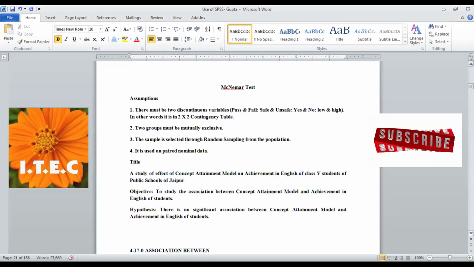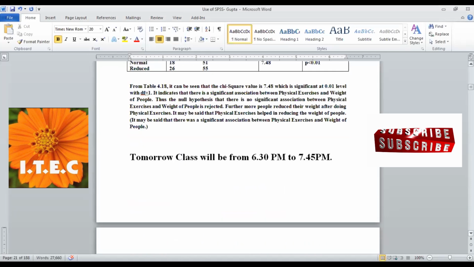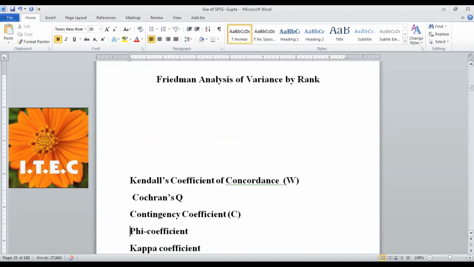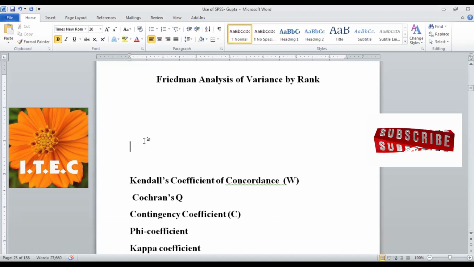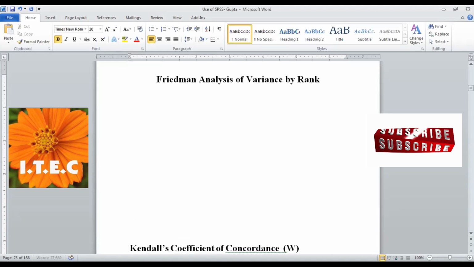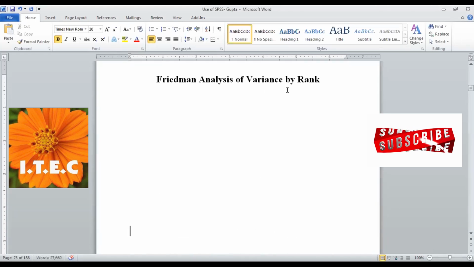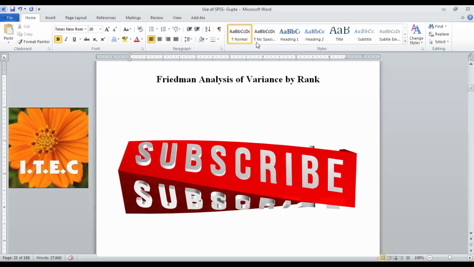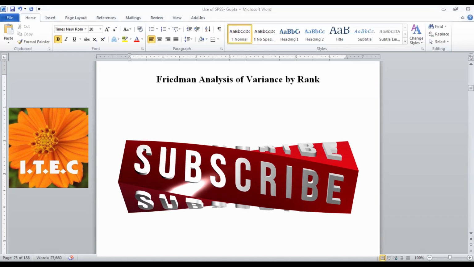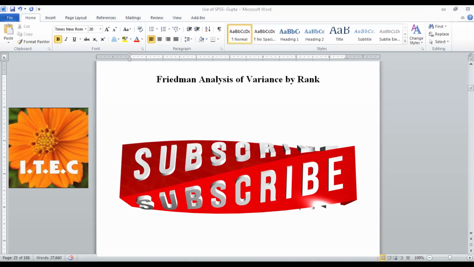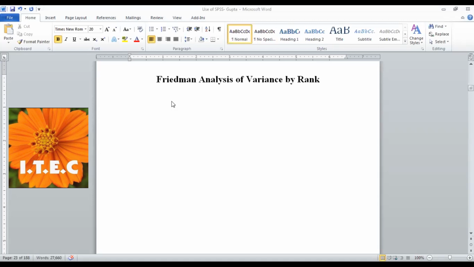Now today I am going to take another test, and the name of that statistical technique is Friedman analysis of variance by rank. This is the name you will find in some of the books.